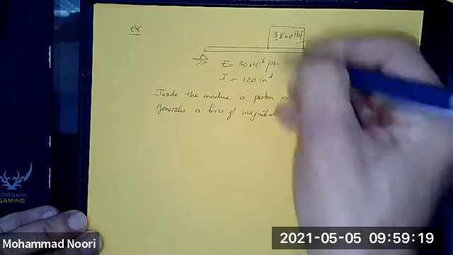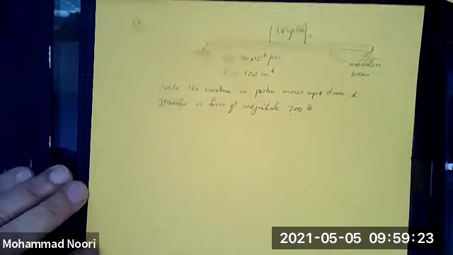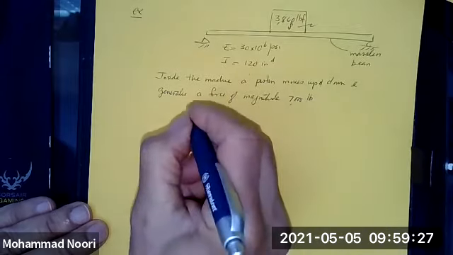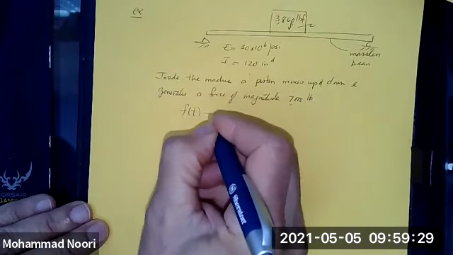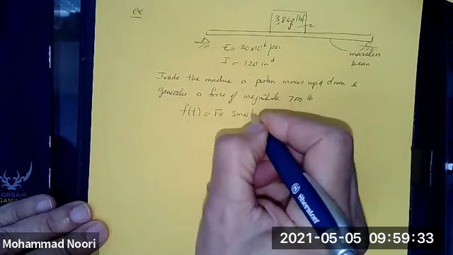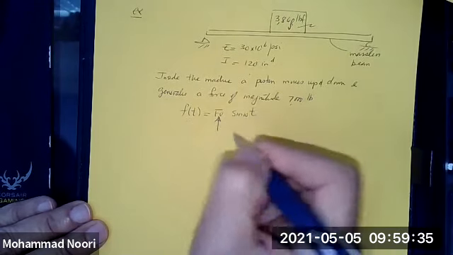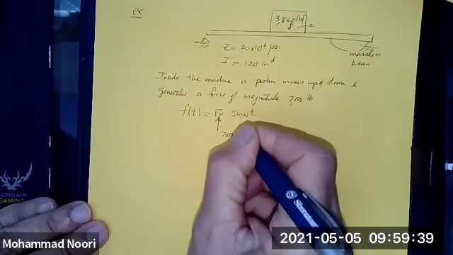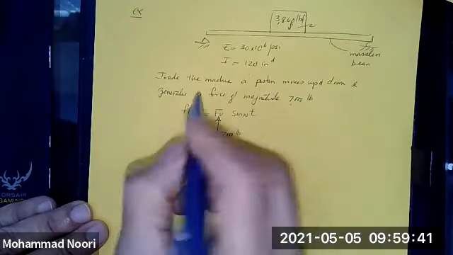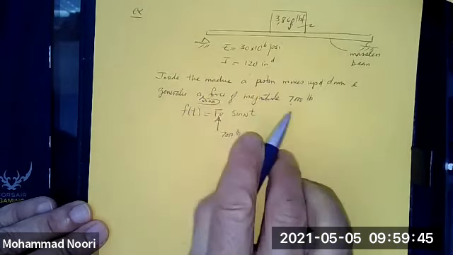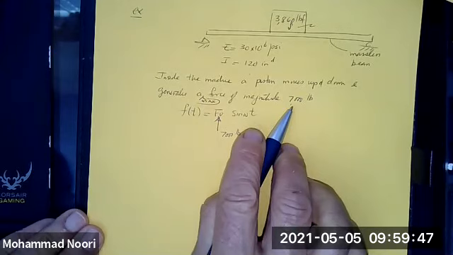In other words, this up and down piston is generating supposedly a harmonic load. So this F of t is F naught sine omega t. This maximum force that is generated is 7,000 pounds. So I should have said it generates a maximum force of 7,000 pounds.